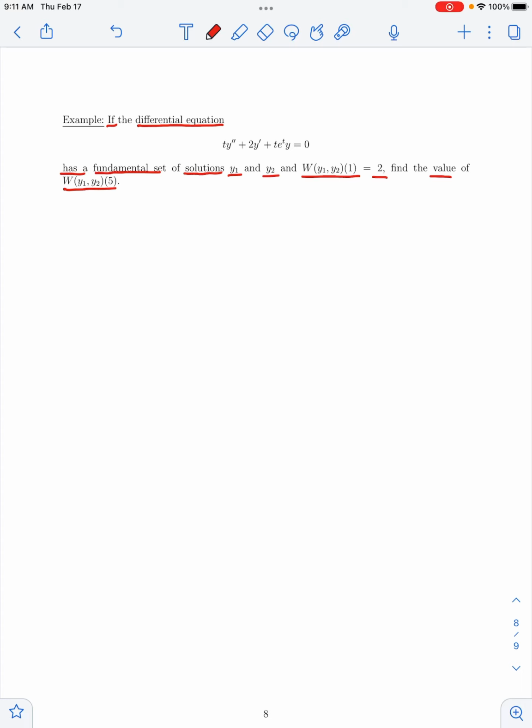So again, in this problem, we're being asked about a Wronskian for a set of two solutions of a homogeneous second-order linear equation, and we're not told what the solutions are.